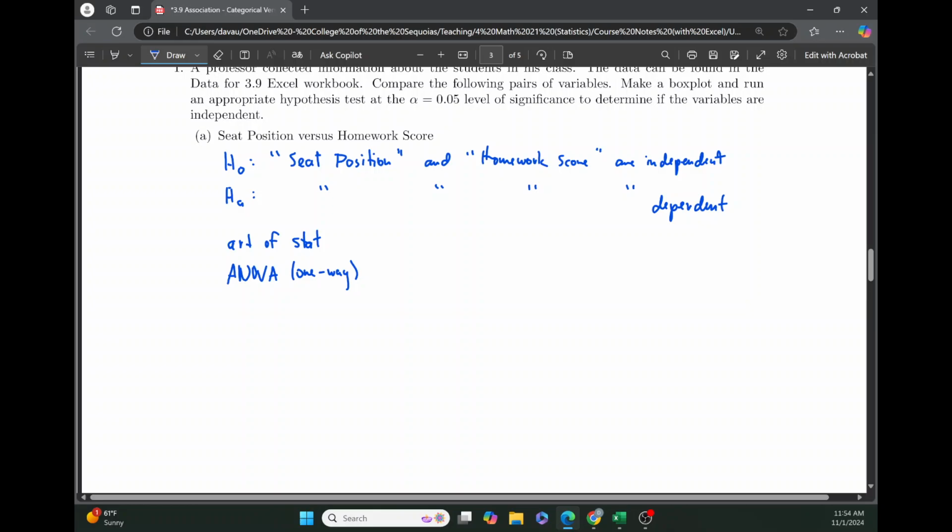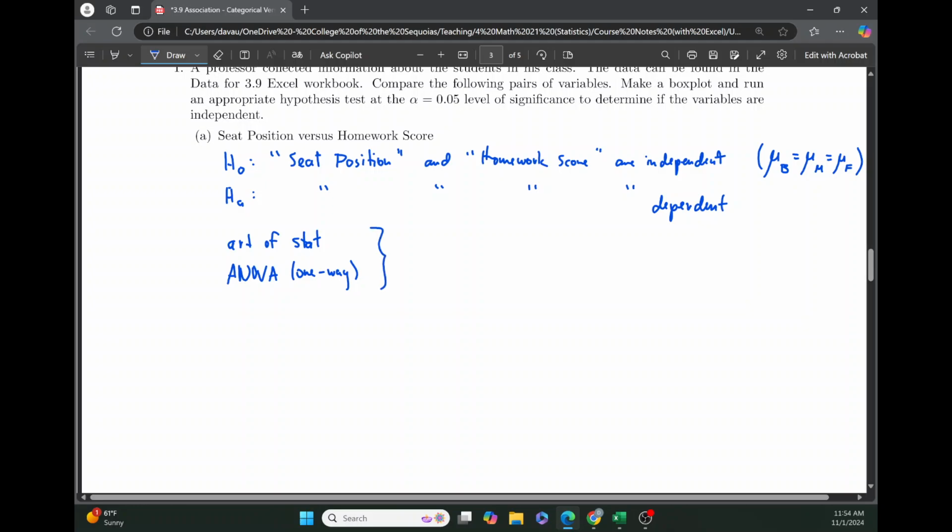The hypotheses that we were looking at for the null hypothesis here was that the mean of people who sit in the back is equal to the mean of people who sit in the middle is equal to the mean of people who sit in the front, right?